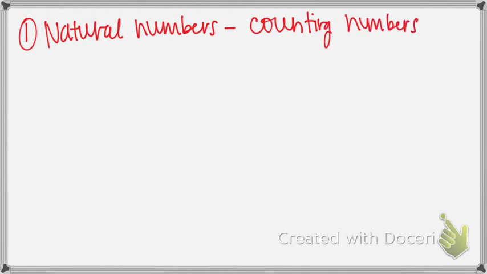So that would just be 1, 2, 3, 4, 5, and so on. So natural numbers are not negative numbers. They do not include 0. They start at 1 and they go up. Just like you're counting, 1, 2, 3, 4, 5, 6, 7, 8, 9, 10, and so on.